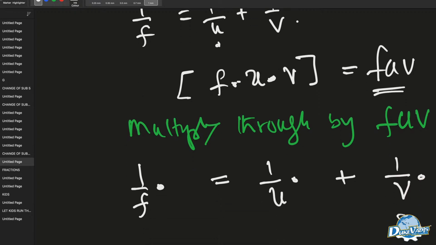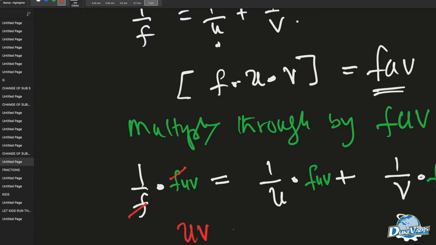Okay, so let's use our color grade again so that we will be able to identify with ease. So there, we multiply this one by FUV, FUV, and FUV. You will see, let's use red to cancel the common ones. You see that F will cancel this, so we'll be left with what?